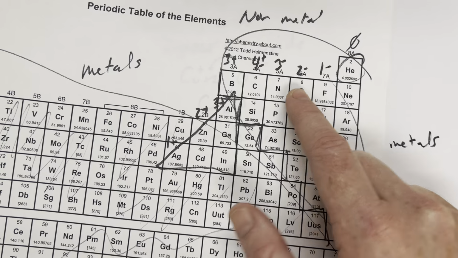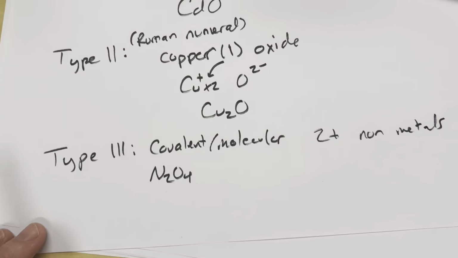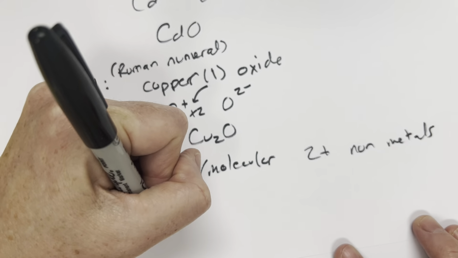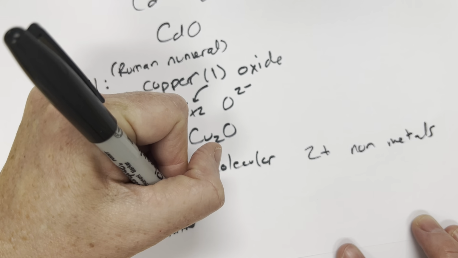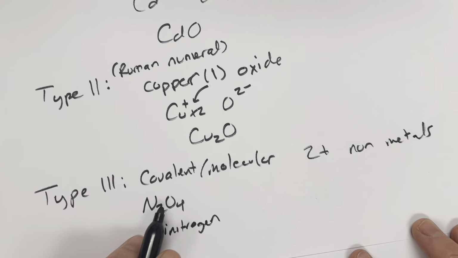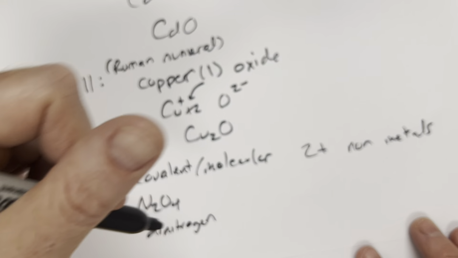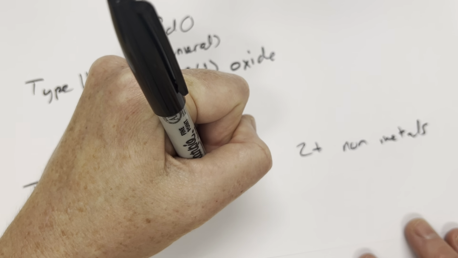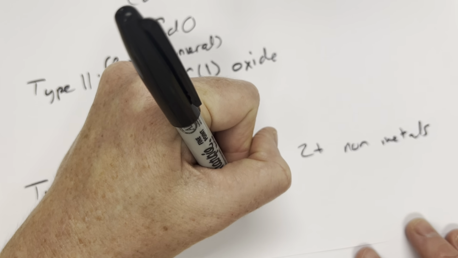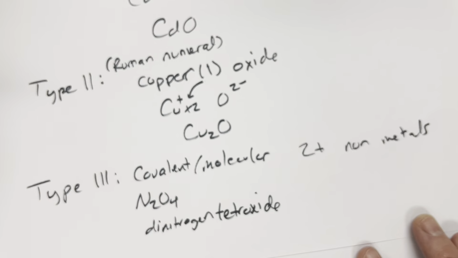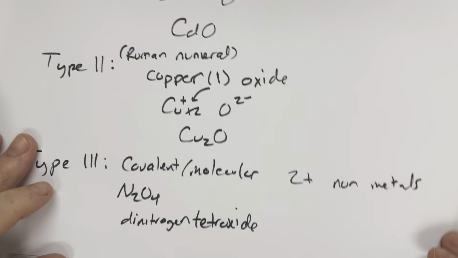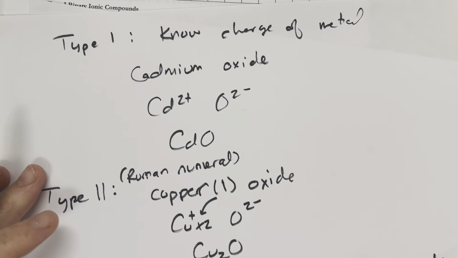So you have an N and an O, they're both in the nonmetal section. And so this should just be dinitrogen. You would normally write tetraoxide, but because you have 2 vowels together, they just call it tetroxide. Cool. Okay, so these are the 3 types that we're going to discuss in the lab today.